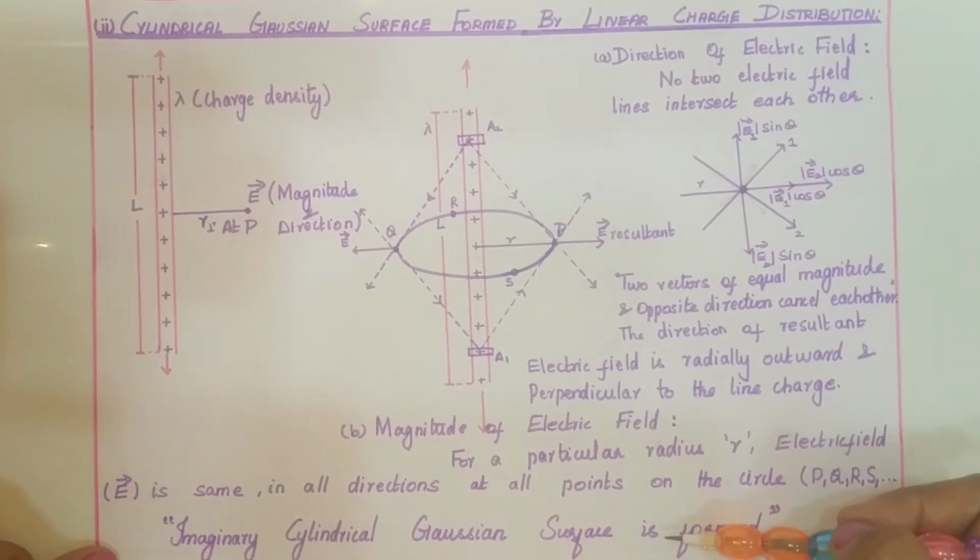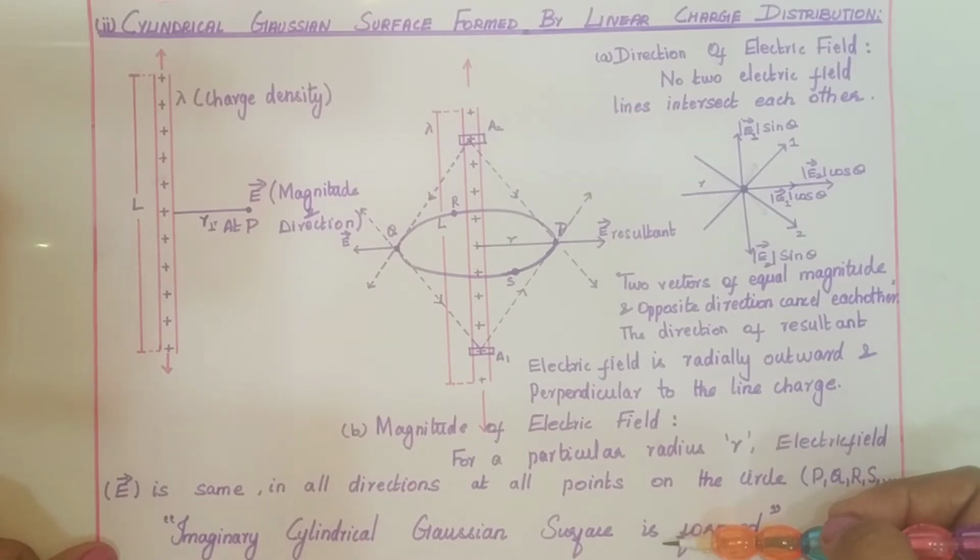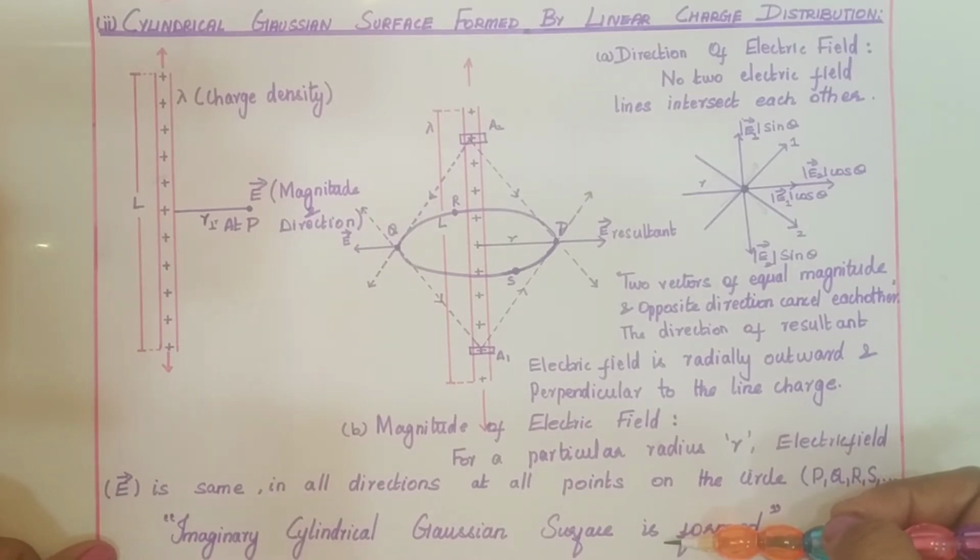Once a symmetry is formed, we can find the electric flux, that is the number of electric field lines coming out of this imaginary cylindrical Gaussian surface. So next we are going to find the electric flux.